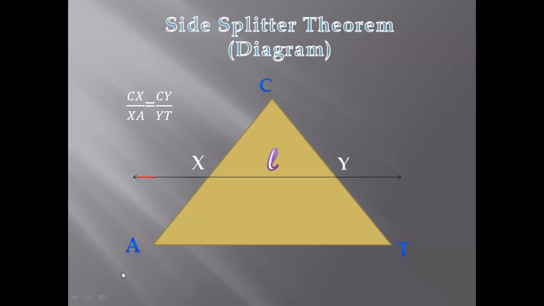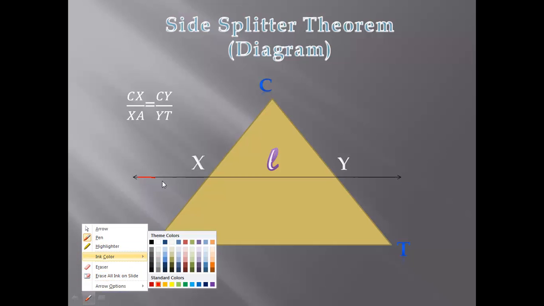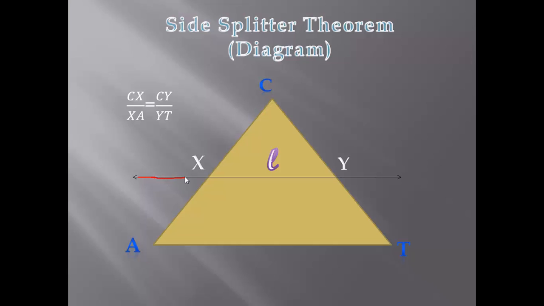So from this diagram, we can see that this line L, which for some reason was not appearing in previous recordings, so I had to draw it in manually, sorry, is parallel to the base AT of this triangle.